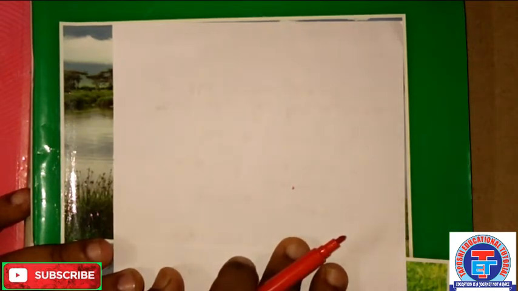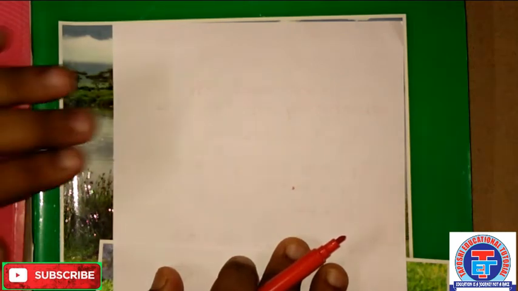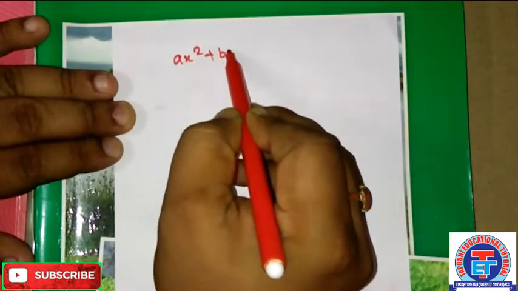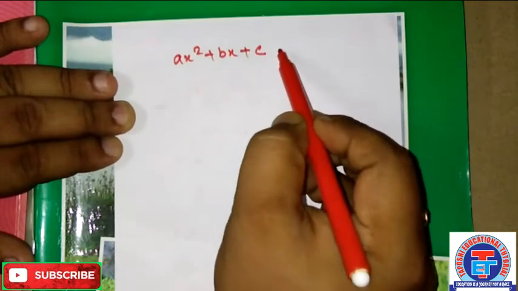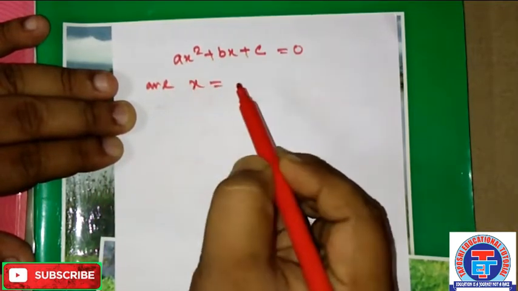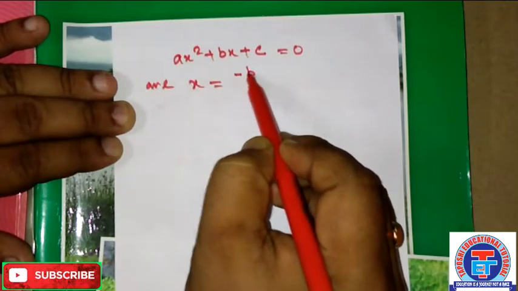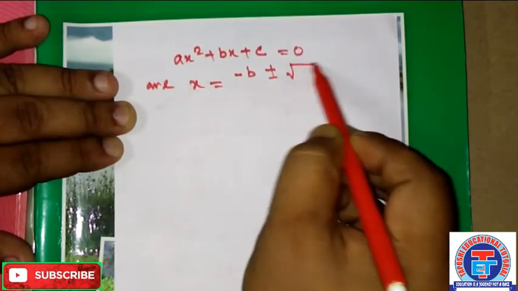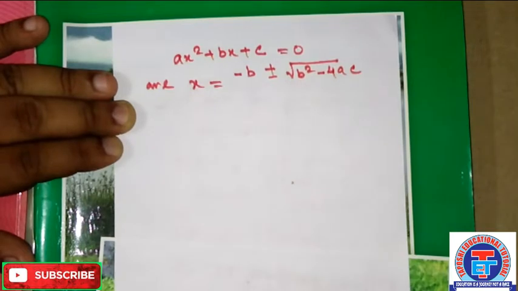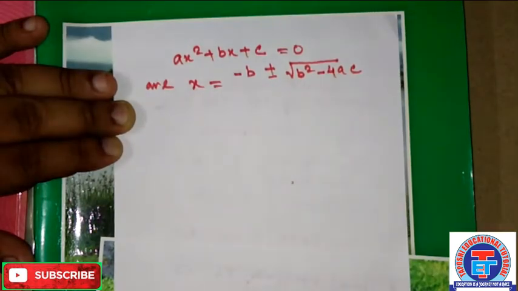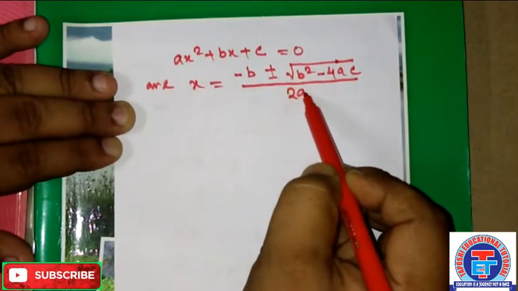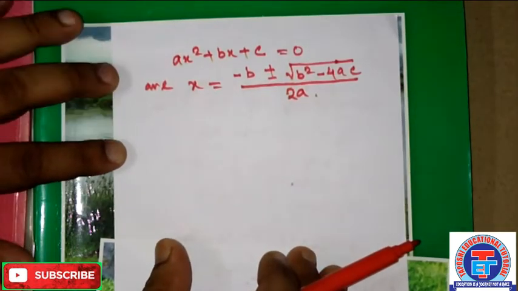By the formula method, as you know, the solution of the quadratic equation ax square plus bx plus c is equal to 0 is x is equal to minus b plus minus root over b square minus 4ac, divided by 2a.